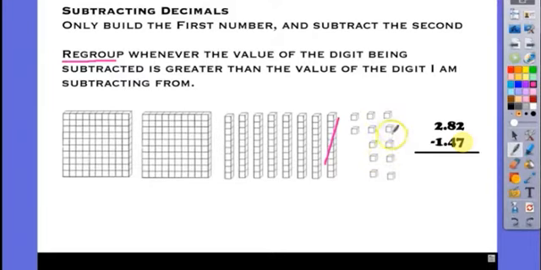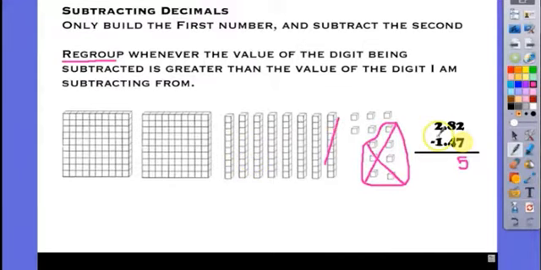So to subtract 7, you circle them that way, and then you cross them. You will remain with 5 units. And what it means is that when you take 2 hundredths less 7 hundredths, you regroup and remain with 5 hundredths.